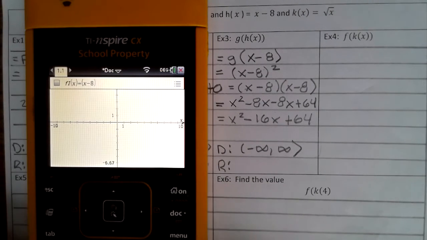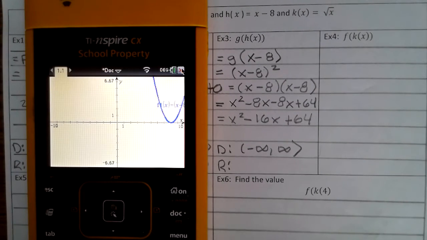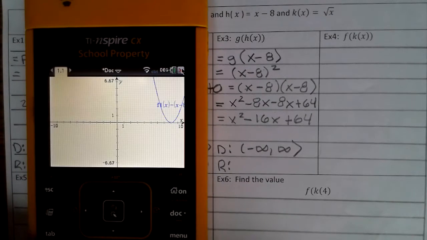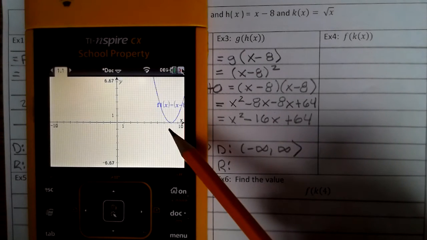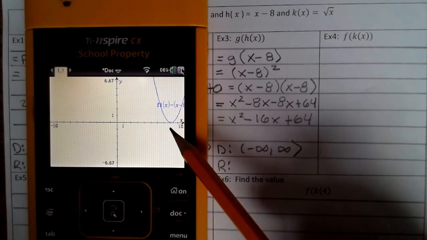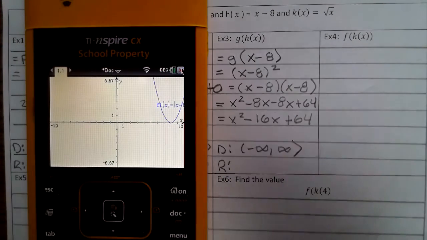Okay, now remember, it's hard to see that, it's a little bit better. Now remember, range is from bottom to top. So here, it's from 0 to infinity, including 0, okay, because it actually touches at 0. So the range is bracket 0 to infinity.